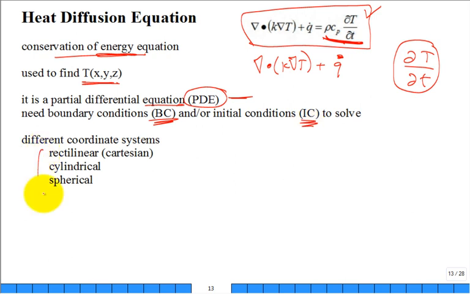And the vast majority of the time we work in rectilinear or Cartesian coordinates, but we should be able to work in cylindrical every now and then, but only really 1D radial. And for this class, 1D radial for the spherical. Believe me, 2D, 3D spherical is beyond the scope of this class. We don't want to do it. It's just 1D radial in the spherical and 1D radial in the cylindrical. Okay.